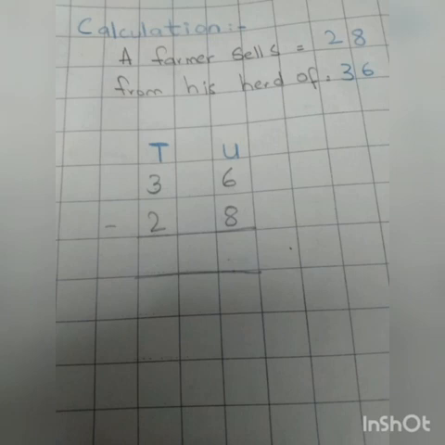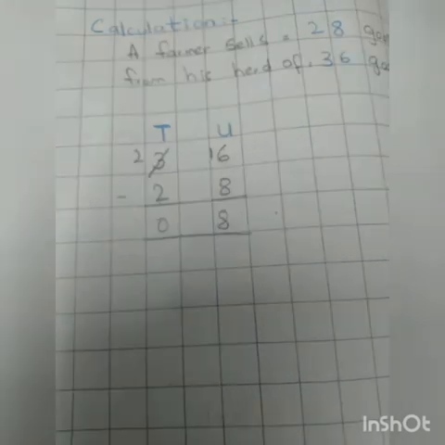Write 36 minus 28. Can you take away 8 from 6? No, because 6 is smaller than 8. So you will borrow one from 3. Borrow 1 from 3, then it will be 16. And 3 minus 1, the remaining number is 2.